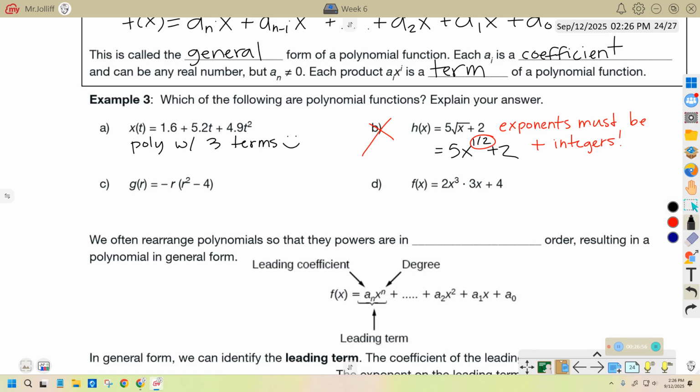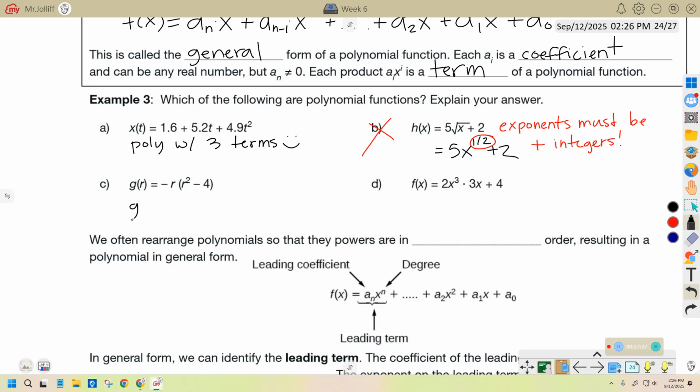Next one. G of r equals negative r times r squared minus 4. Diana is shaking her head no. Remember that it doesn't have to live in general form. Can you rewrite it so that it is in general form? And Alex and Ethan are shaking their heads. Yes.